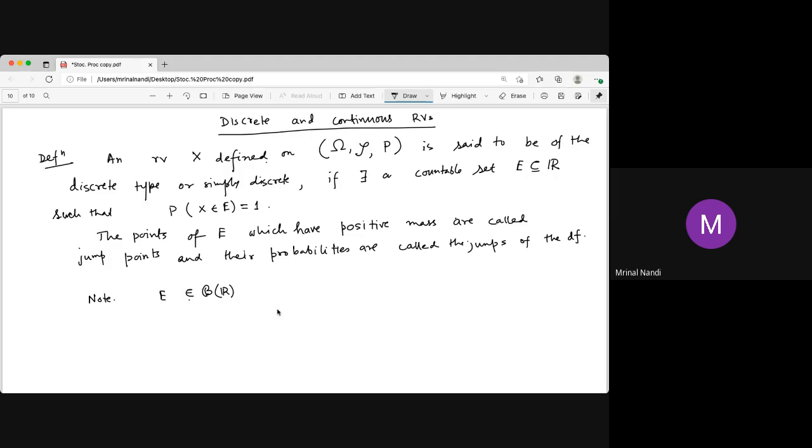Every singleton set, for x belonging to the real numbers, is a Borel set. E is a countable union of these singleton sets, and a countable union of Borel sets is Borel. So E is a countable set, so E is a Borel set.